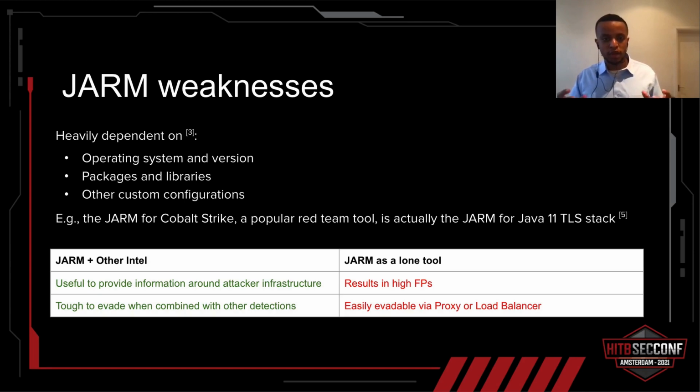For example, Cobalt Strike JARM is actually the JARM for Java 11 TLS stack. So when we're on the internet and we're trying to identify Cobalt Strike C2 infrastructure and we identify the Cobalt Strike C2 JARM, we're actually identifying that Java application that's running on that specific package or using that specific package. So when would this cause issues? Firstly, when you're using it by itself, it can cause a few detection issues.